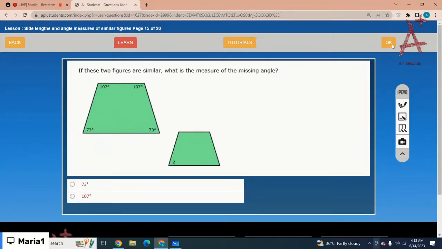These two figures are similar. What is the measure of the missing angle? That would be 73.